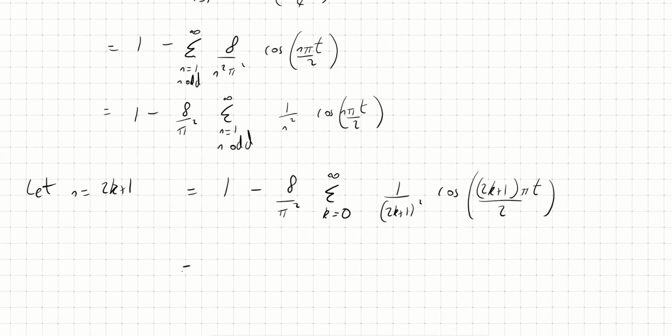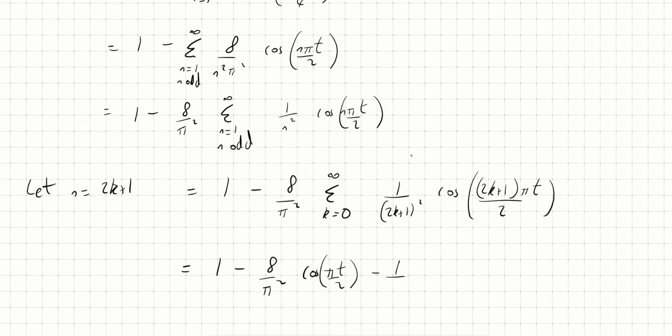So if we try k equals 0, we get, so k equals 0 is our first term, 8 over pi squared times 1 over 1, and then we get cos, when k equals 0, we get cos pi t over 2. Now if we do k equals 1, we get 1 over 3 squared, so it's 1 over 9.